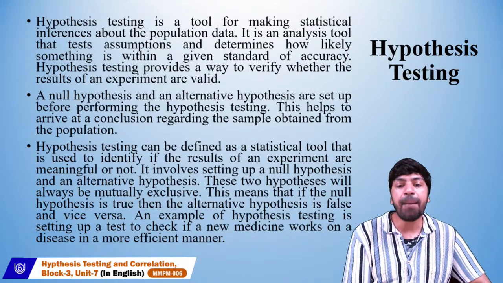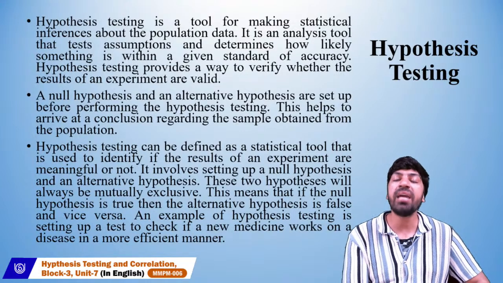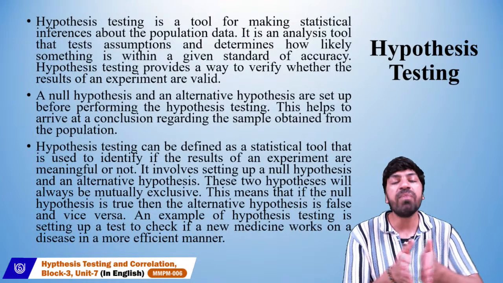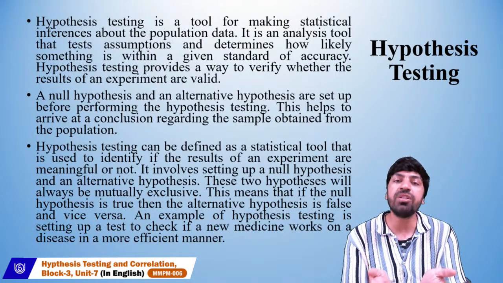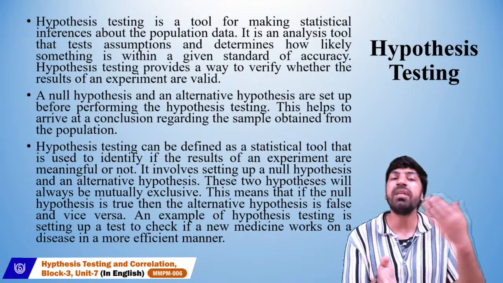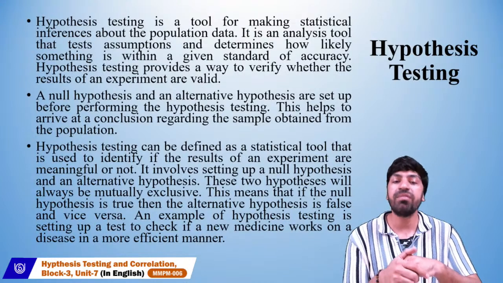These two hypotheses are mutually exclusive. So if the null hypothesis is true, the alternate hypothesis is false, and vice versa. That means there is an inverse relationship between the null and alternate hypothesis. If the null hypothesis is true, the other hypothesis becomes false.